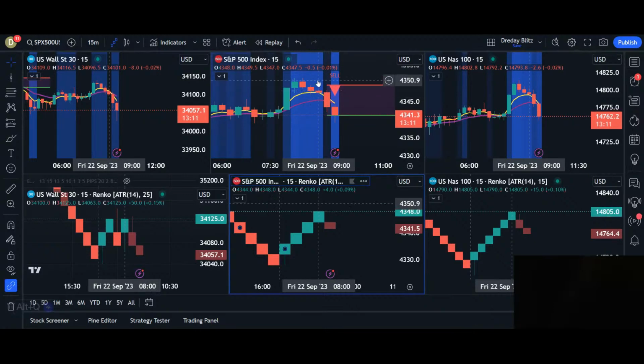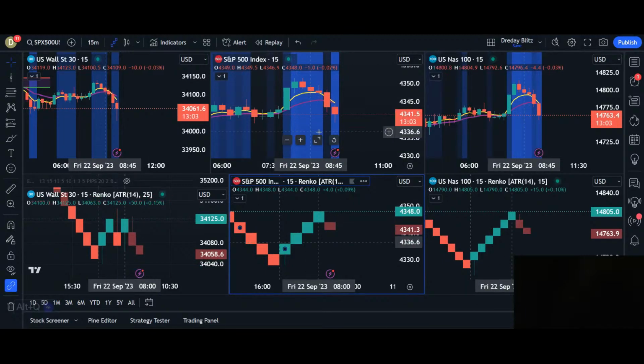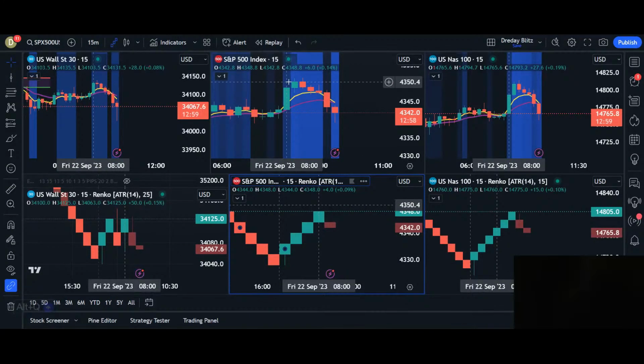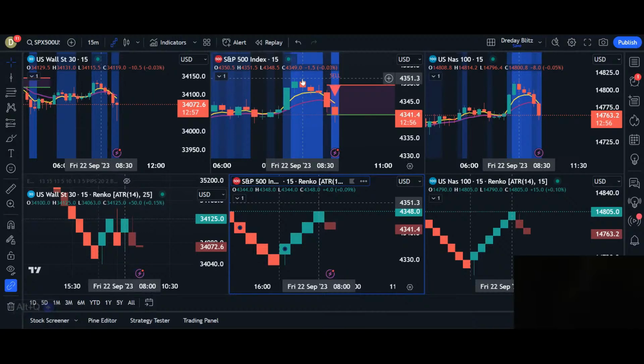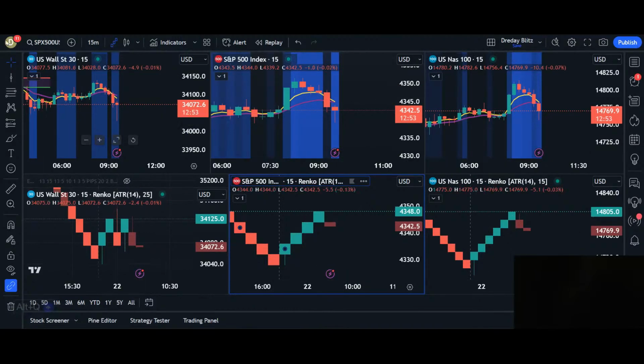If you see that the Renko bar stop loss is really tight, make sure you put your stop loss at the previous swing. The highest point will be here, or the Renko bar will be around, let me put a horizontal line.